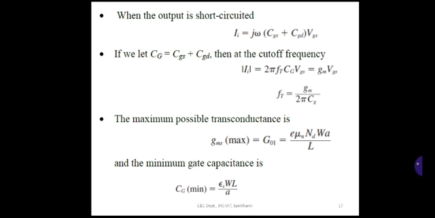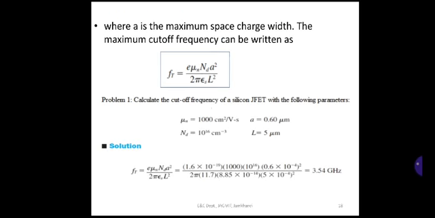It is also denoted as g01, that is equal to e mu n Nd W a divided by L. And the minimum gate capacitance CG minimum is equal to epsilon S W L by a, where a is the maximum space charge width.